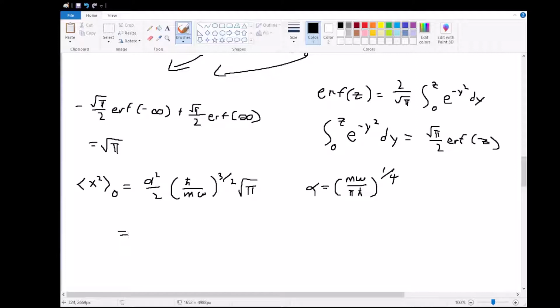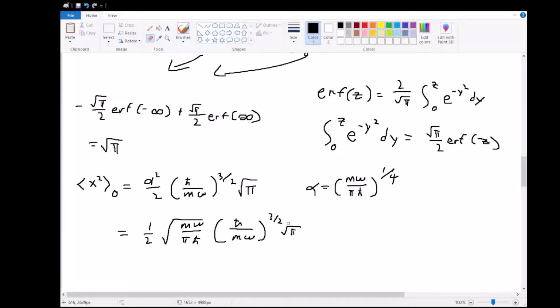So this is actually equal to 1/2 times the square root of m omega over pi h bar, multiplied by h bar over m omega to the 3/2, times the square root of pi.